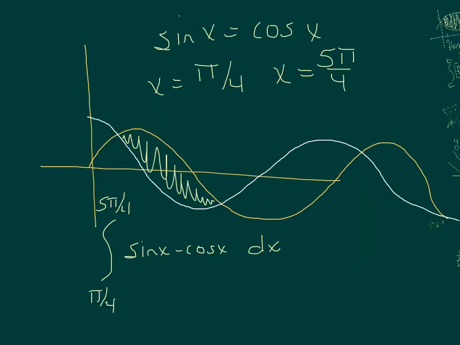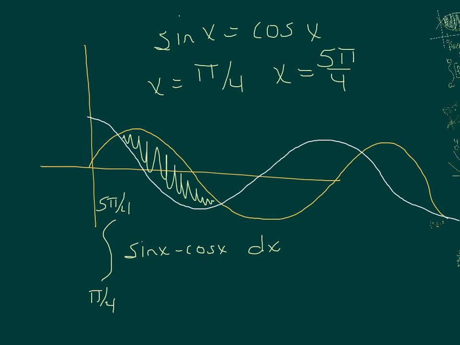Okay, we're looking at the sine of x and the cosine of x. We saw that there are several regions that have an equal area, and we are looking at the shaded area and have to determine where those are equal.